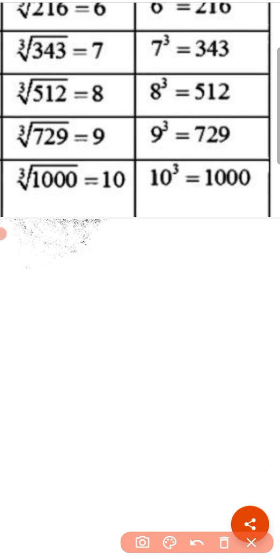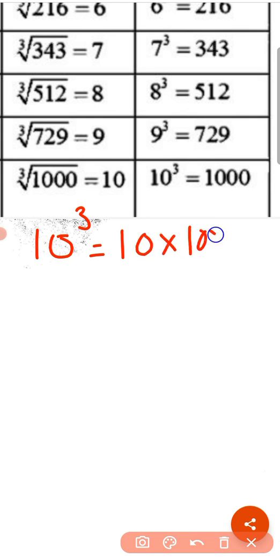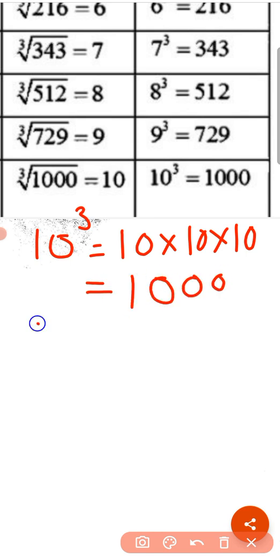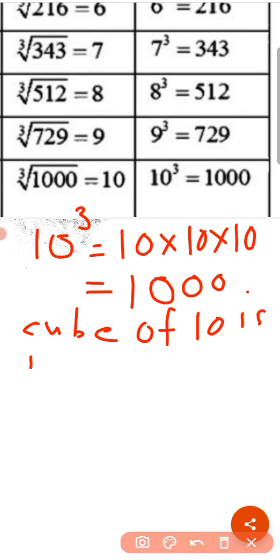Then 10 cube is equal to 10 into 10 into 10. We are multiplying 10 3 times. That means 1000. So we can say that cube of 10 is 1000.